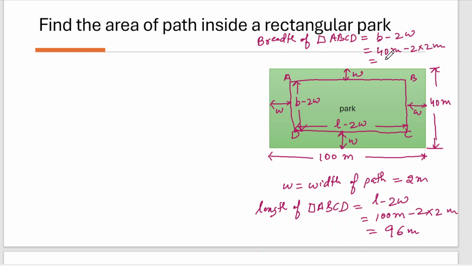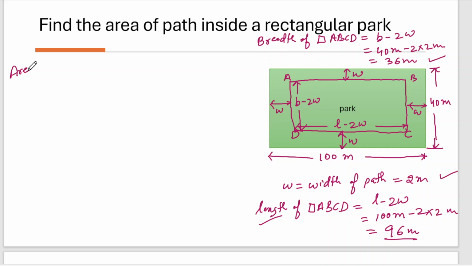So it is 36 meter. So now we have got the length of rectangular park, breadth of rectangular park, width of the path as 2 meter, and we have got the length of rectangle ABCD as 96 meter, and breadth of rectangle ABCD as 36 meter. So let me use the formula.